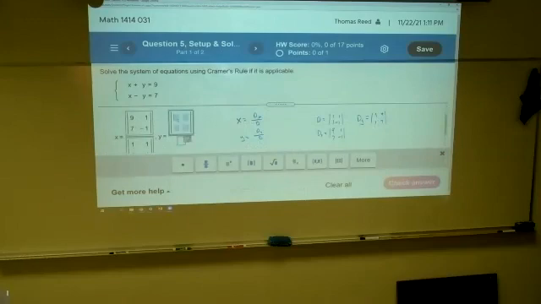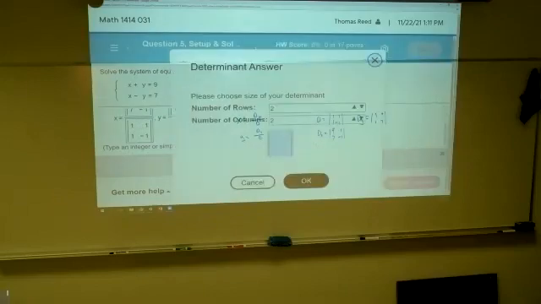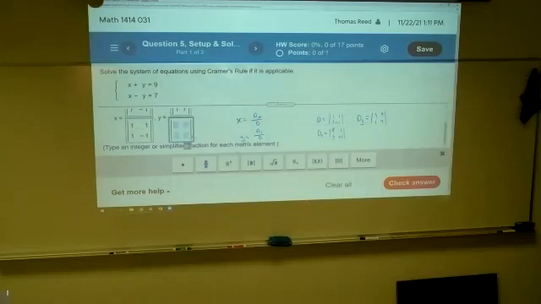So in here, I type 1, and then down below in the denominator, it's a repeat of this one. So we have 1, 1, 1.